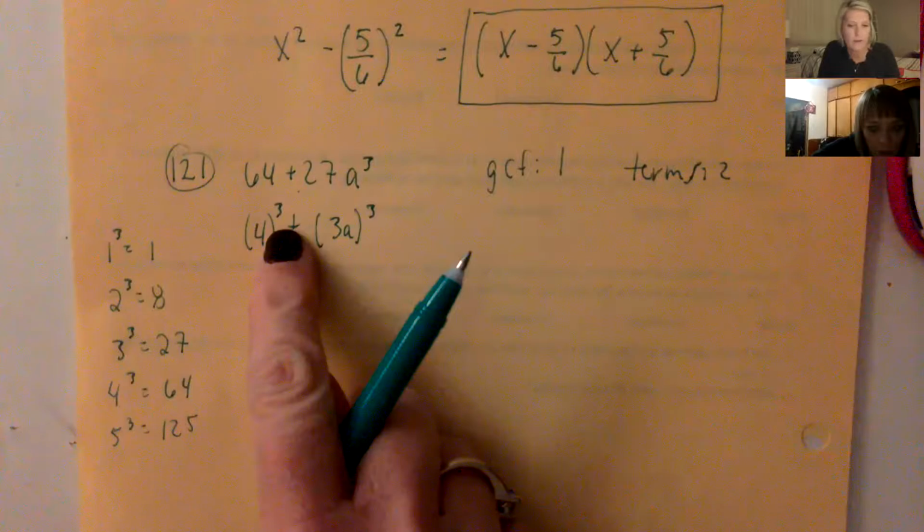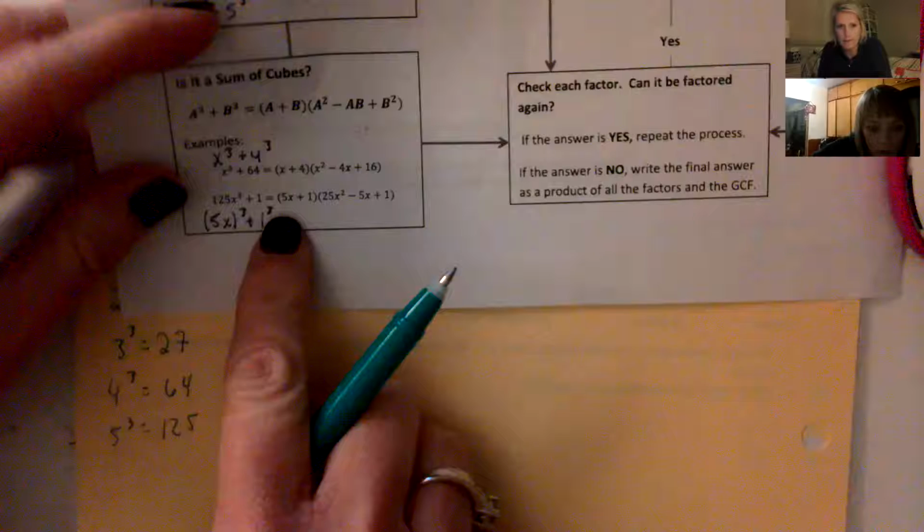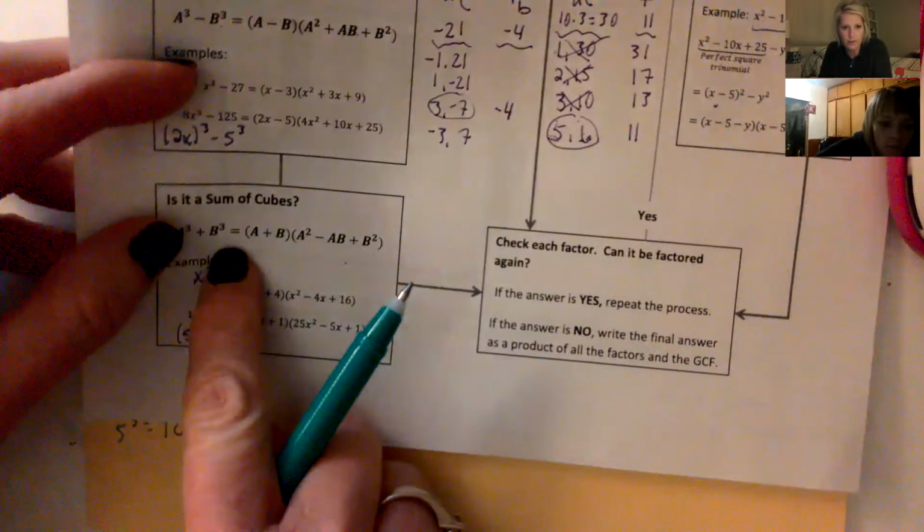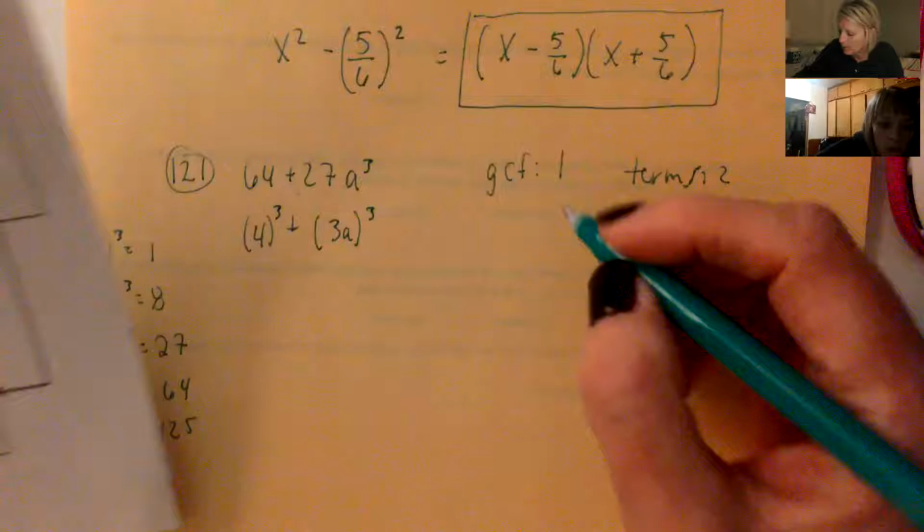So it fits our pattern of the last option on the 2 terms, the sum of 2 cubes. Let's write down what the format is.